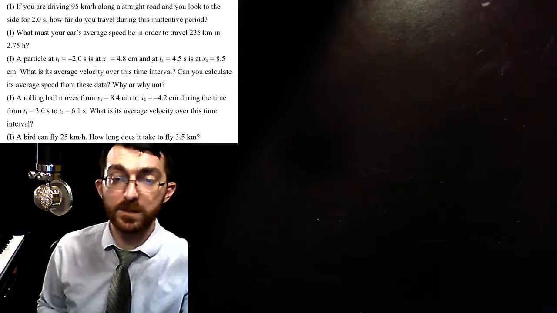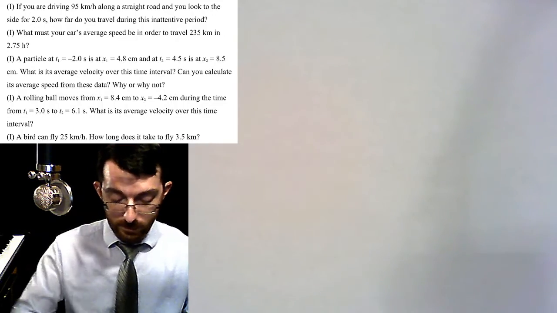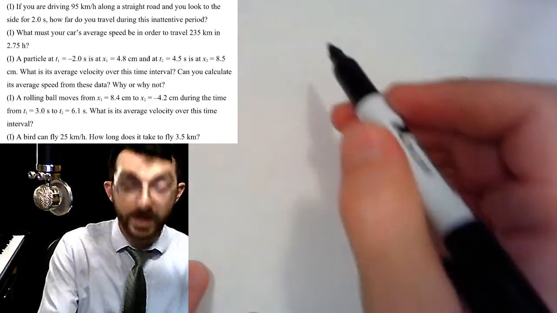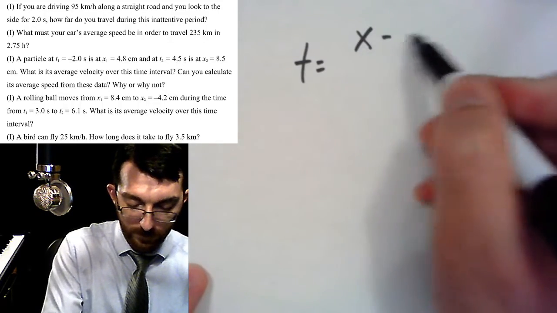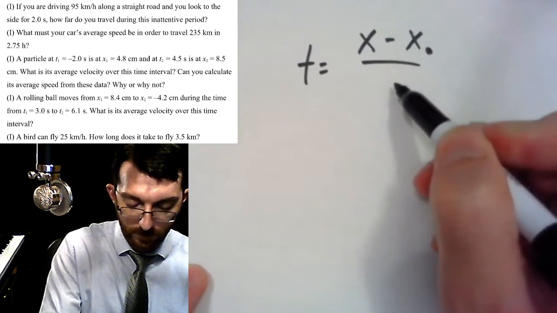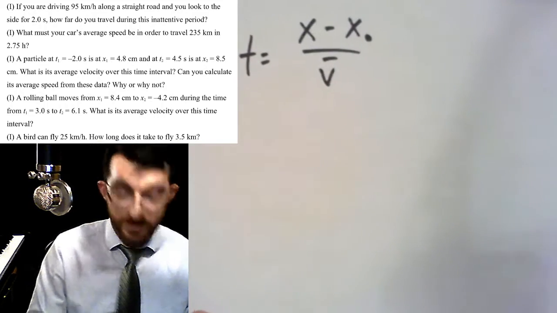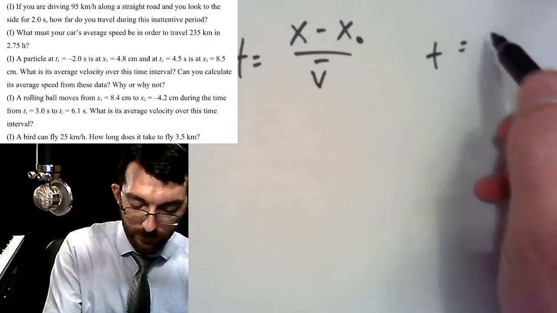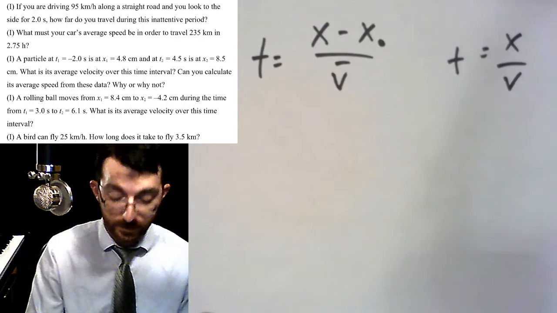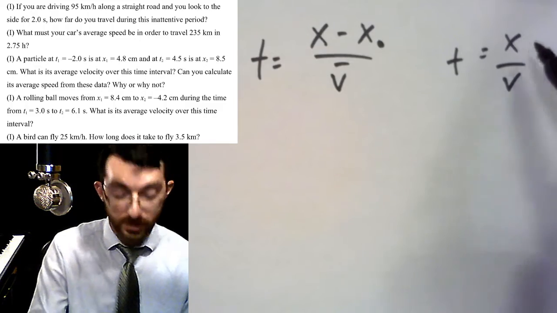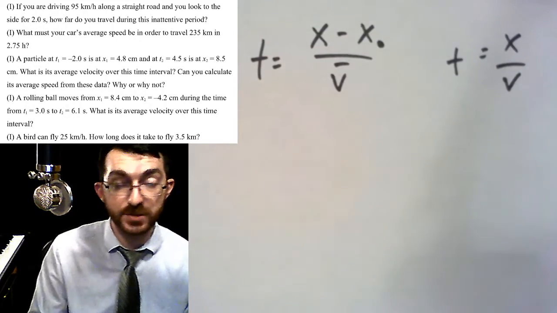It's asking for t. Now, just as a reminder, when you solve those equations for t, you get this, which is the complicated version. The simple version might look like this. As long as you understand that x may refer to the change in x and that v may refer to an average velocity.